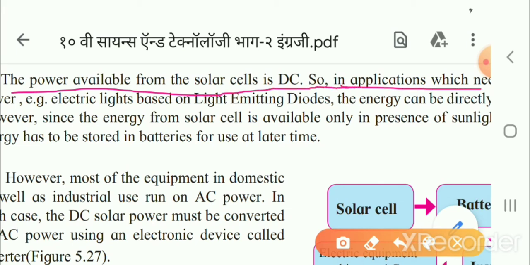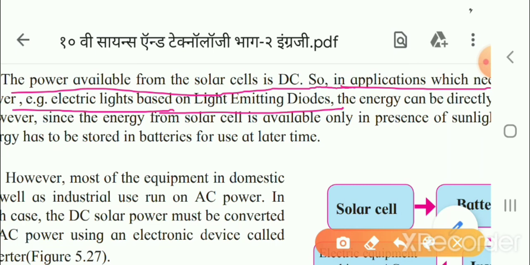In applications which need this power, like electric light based on light emitting diodes, the energy can be used directly, and since this energy from the solar cell is available only in the presence of sunlight, the energy has to be stored.